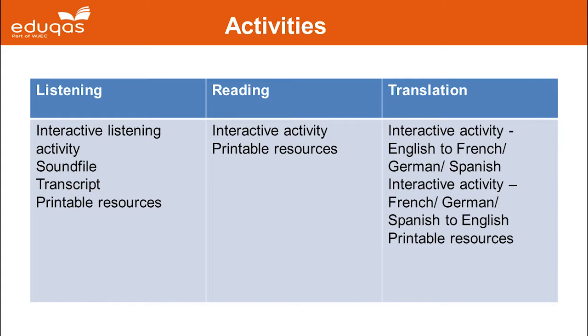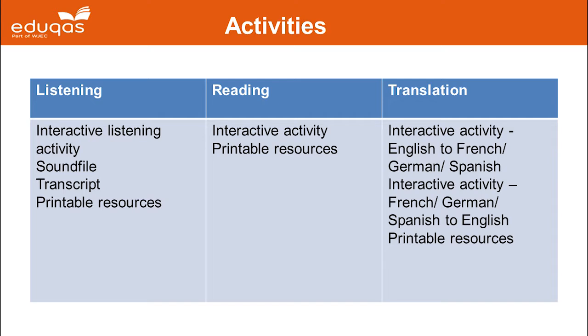So within each of the thematic areas which are covered, there are a series of interactive listening, reading and translation activities. For every single bullet point that was covered on the previous slides, you will find an interactive listening activity, a sound file, a transcript and printable resources. This allows you to turn them into worksheets and to use them either as a whole class activity or to set pupils to study at home.